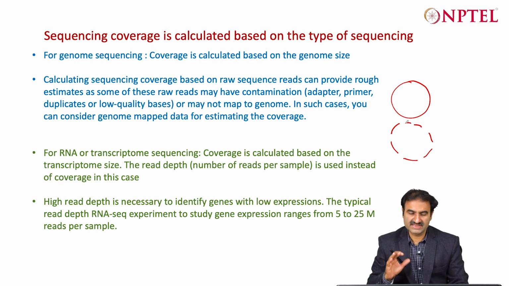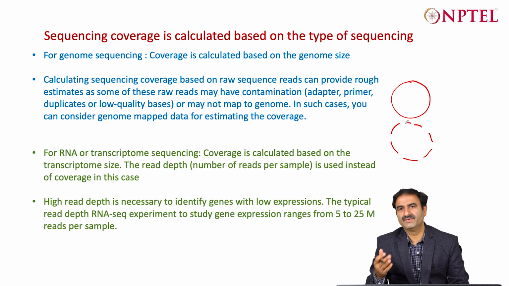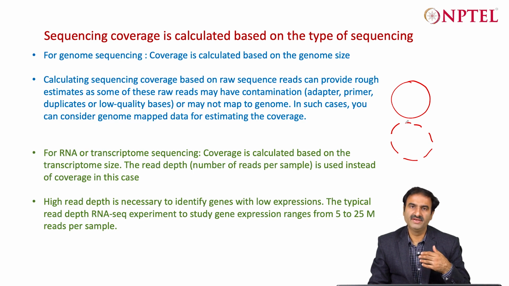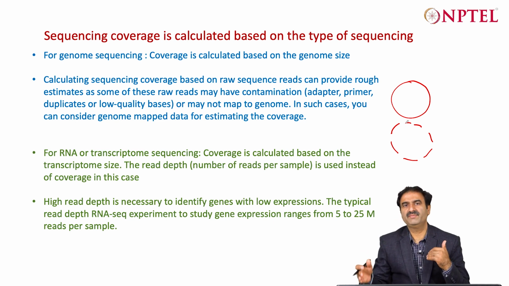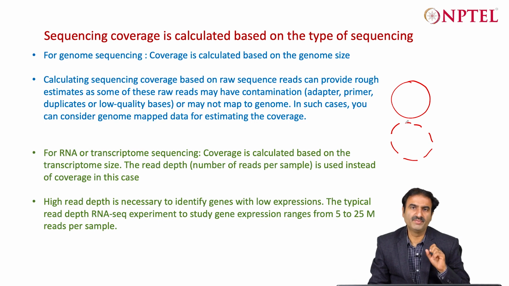So in the transcriptome it is more about the depth. Transcriptome is also small. What is transcriptome? From a genome there are introns and exons and intergenic region, and exonic region is typically 2%, for example, in the human genome. So in the case of genome you are covering the entire 100%, but in the case of transcriptome you are covering only 2%.